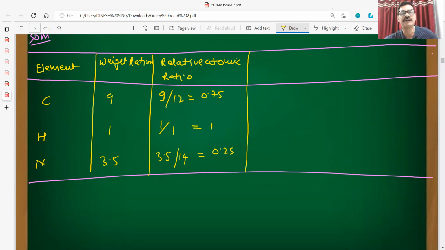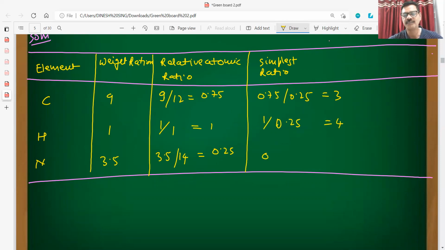So this is the relative atomic ratio. Now for the simplest ratio we divide by whichever is the lowest number in this column. So 0.25 is the lowest number. 0.75 divided by 0.25 becomes 3, 1 divided by 0.25 becomes 4, and 0.25 divided by 0.25 is 1.